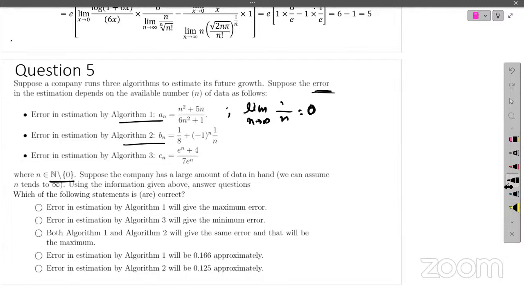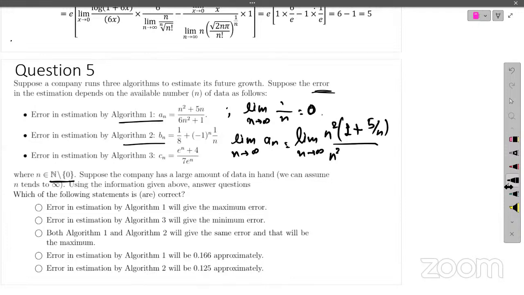So limit n goes to infinity of a_n is the same as limit n goes to infinity of, I pull out the highest power, that is n square, so in the numerator it becomes n square times (1 plus 5 by n). Because n is there, if I want to pull out n square, I have to multiply and divide by n. Now the same thing I'll do in the denominator also, so it will become n square times (6 plus 1 by n square). So here n square gets cancelled out.